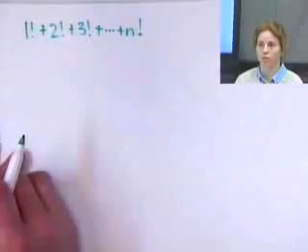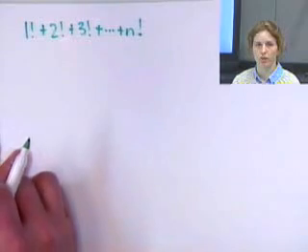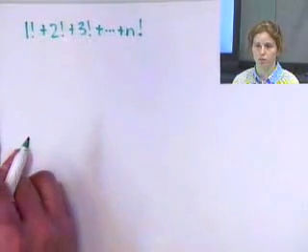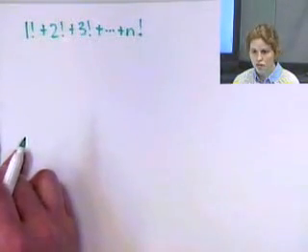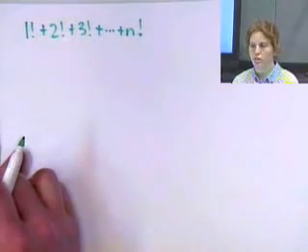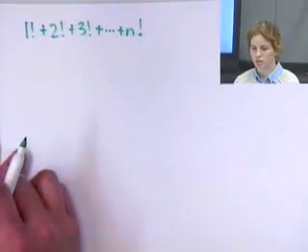Okay, let's do another one. So here's another hard one. We have 1 factorial plus 2 factorial plus 3 factorial plus dot dot dot plus n factorial. So that has n terms, and the largest one is n factorial.